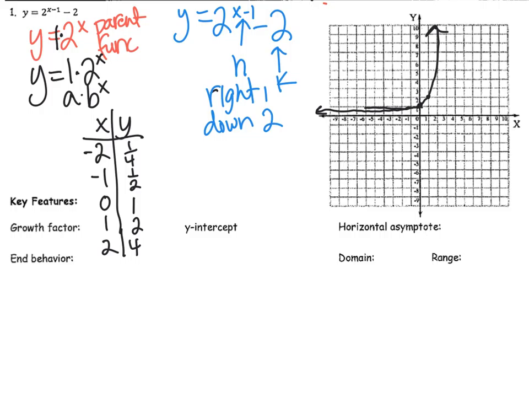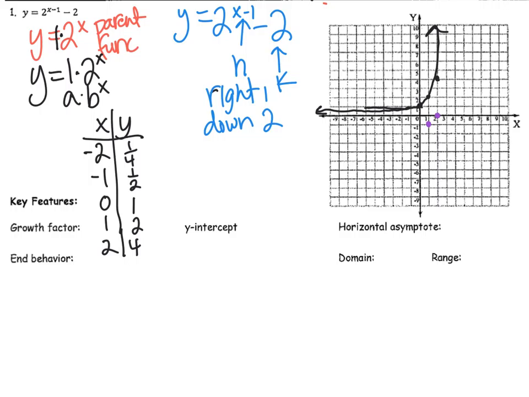So that table of values that I just made is my black parent function. If I need to shift right 1 and down 2, every single dot is going to also shift right 1 and down 2. Right 1, down 2. Right 1, down 2.